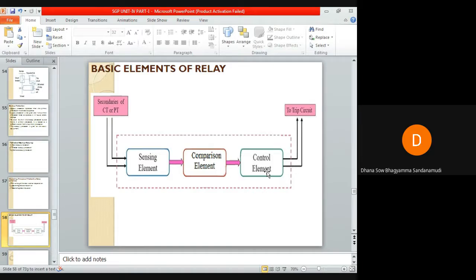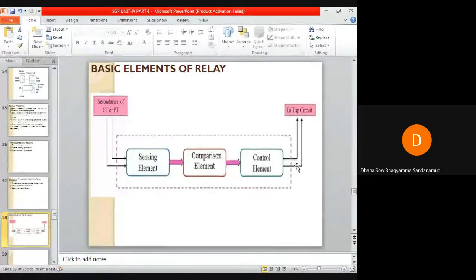When the relay moving contact comes in contact with the fixed contacts, the trip circuit is closed, and hence the trip coil is energized. It is not necessary that there will always be a trip circuit. There can even be an alarm signal, so the control element can be connected to an alarm signal.